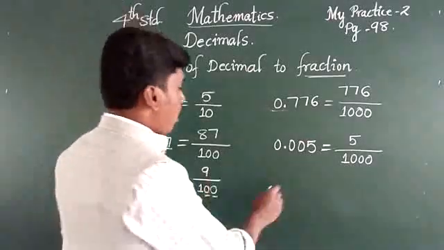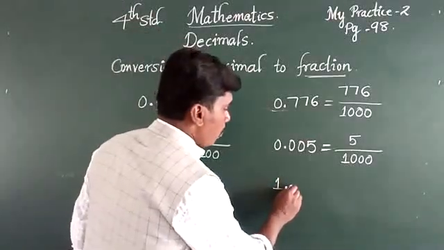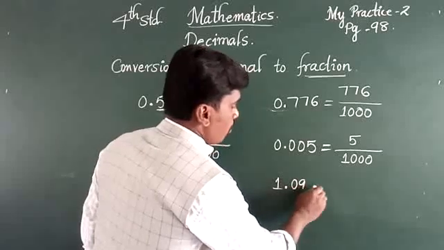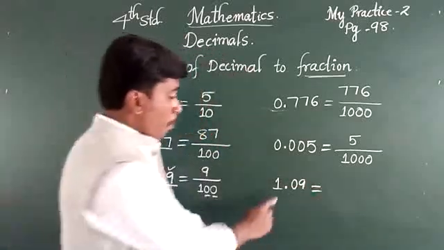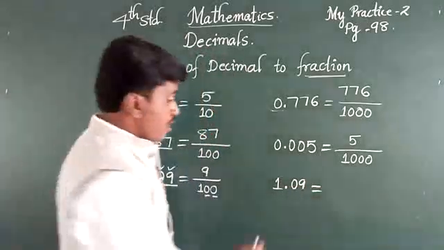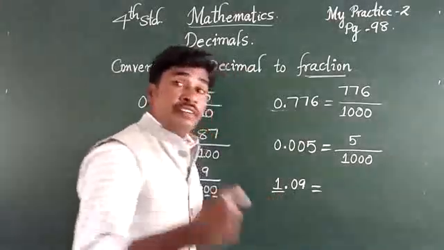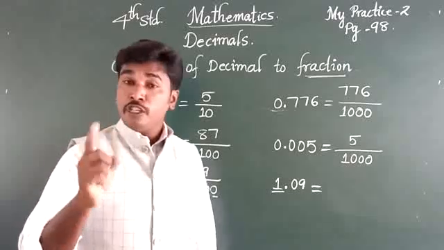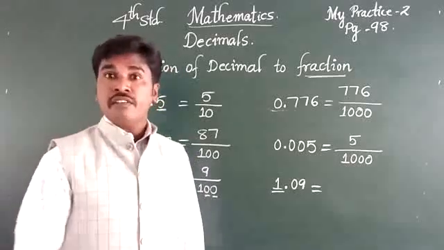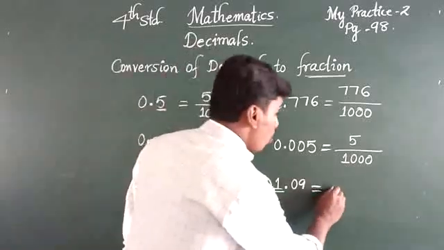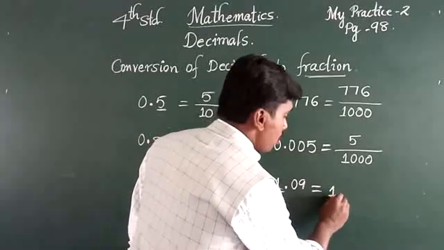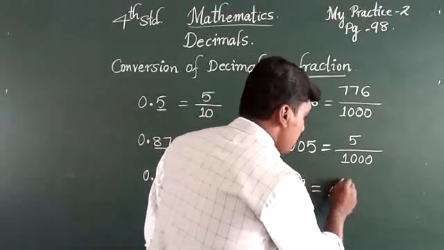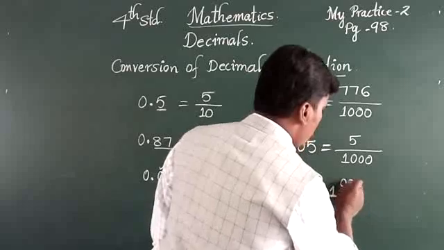Take one more, dear children. It is 1.09. So observe 1.09. This is the whole number part. If the whole number part has any number, then it should be a mixed fraction. 1 is in the whole number part and 09 is in the numerator.